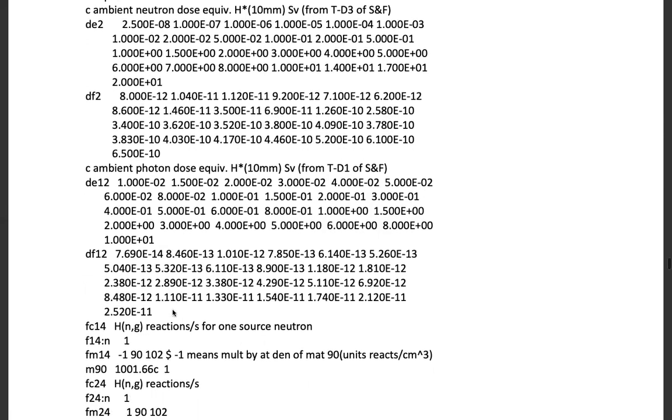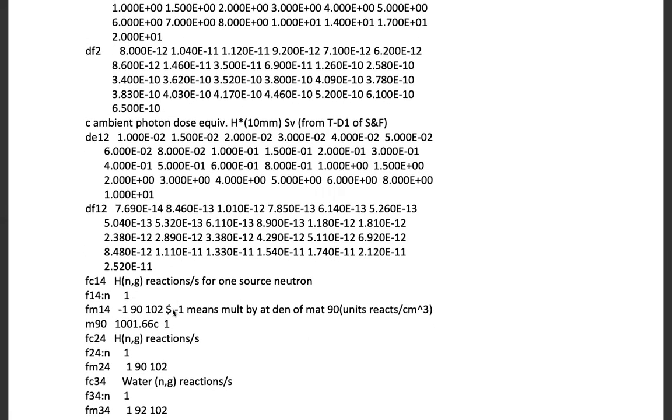So that's the neutron and that's the photon flux to dose values. Okay, so that's why I took the neutron and the photon flux to dose factors.